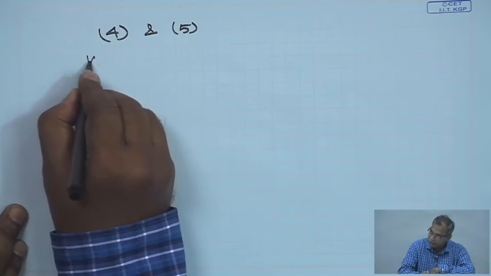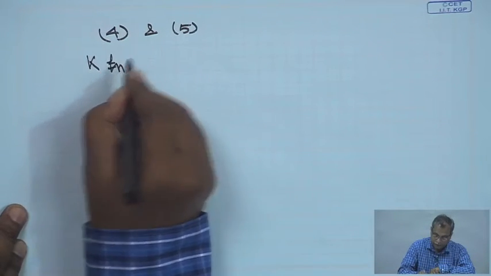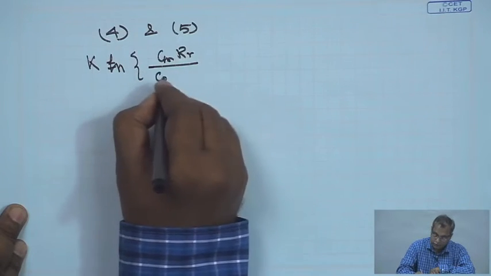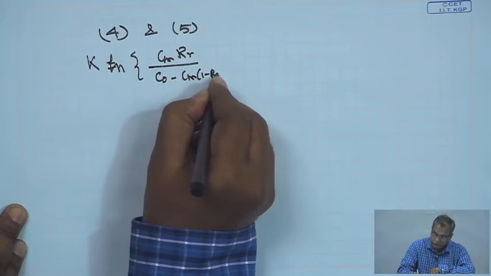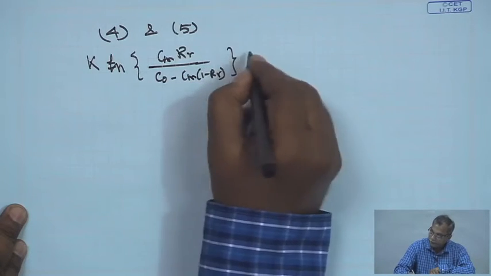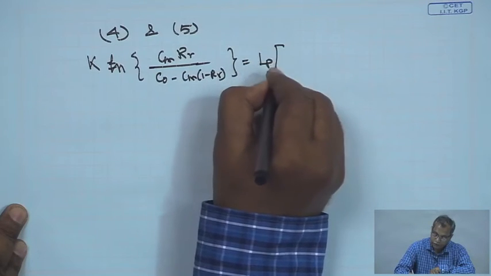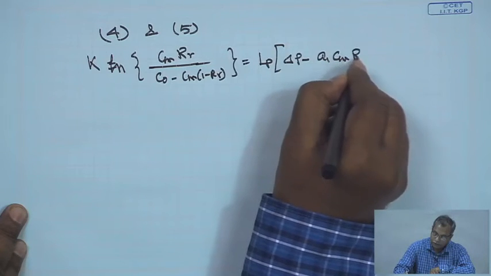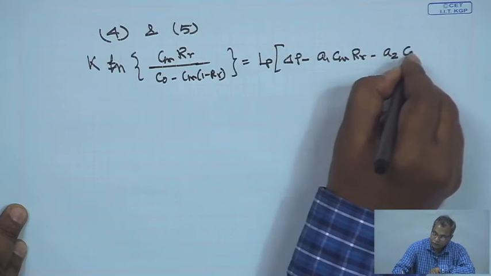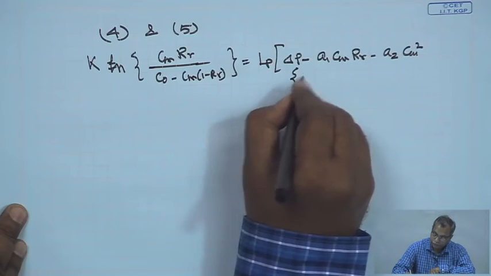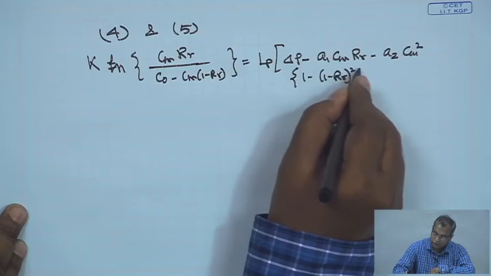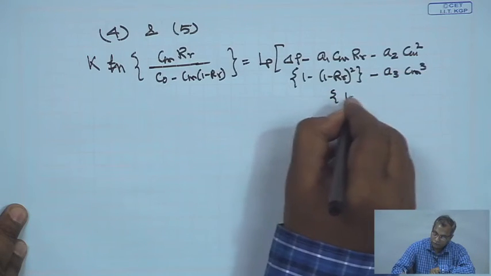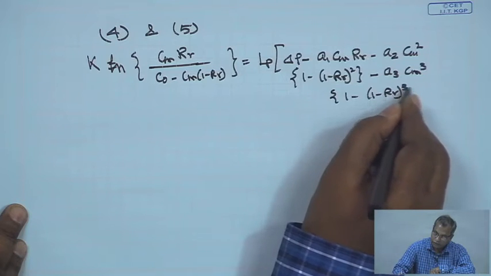So, this becomes K ln of Cm Rr divided by C naught minus Cm times (1 minus Rr), which is equal to Lp times [delta P minus A1 Cm Rr minus A2 Cm square (1 minus Rr) square minus A3 Cm cube (1 minus Rr) cube].